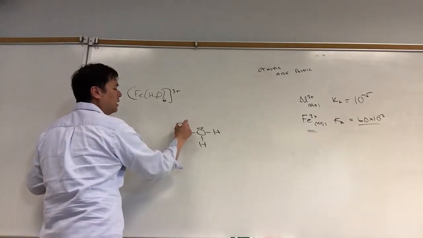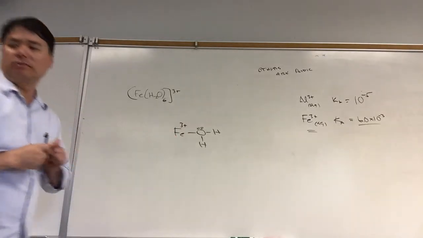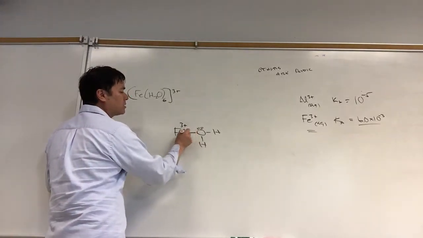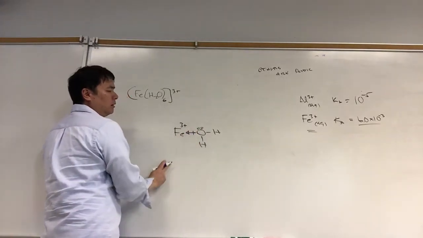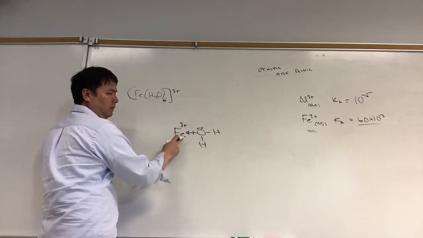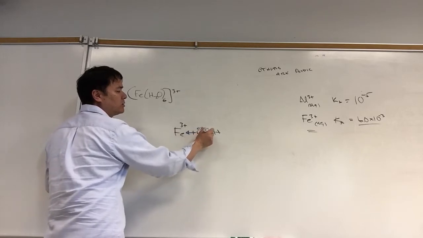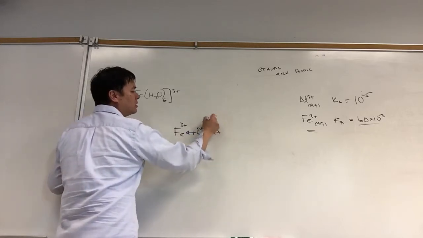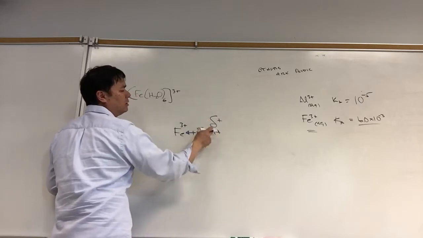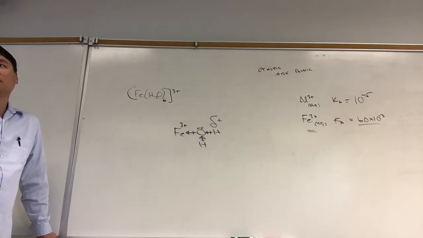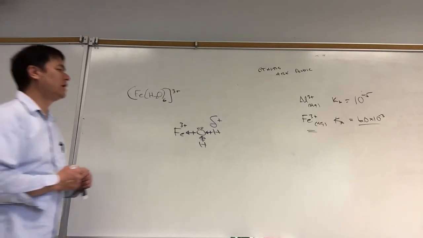That is, we have a 3+ on the iron, and that 3+ on the iron is going to withdraw electron density from oxygen. And so if oxygen is becoming less and less electron rich, it's going to suck even more electron density off the hydrogens, and it's going to generate a fairly large partial positive charge on that, making this very attractive to bases.